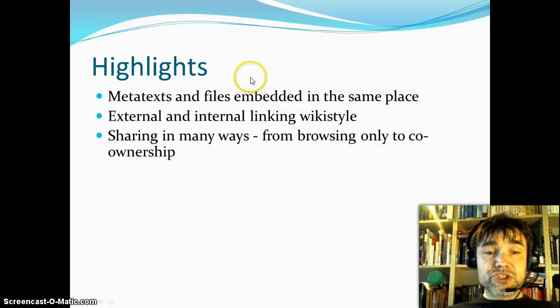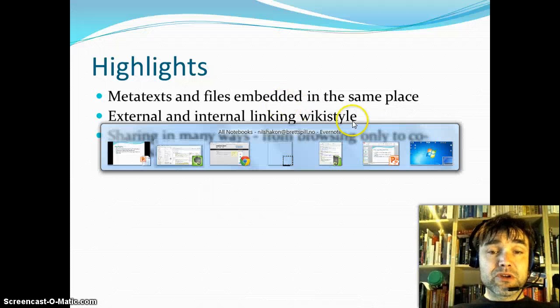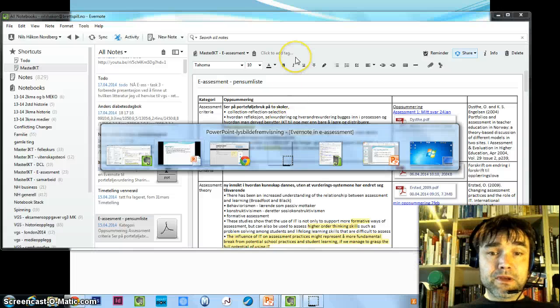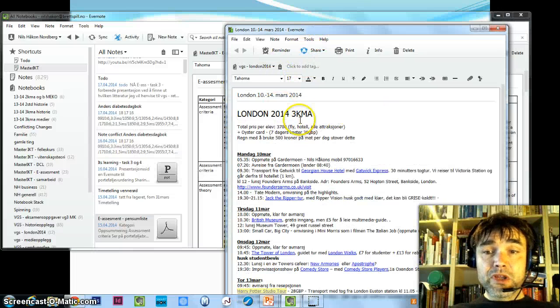I can share in many ways. I can share a note giving ownership to another Evernote user. I can also give browsing possibilities to other people through this. For instance, I have here the London program for my class. We were in London in March. This I can share. This is my note, and I can constantly change it, and then I can share it.